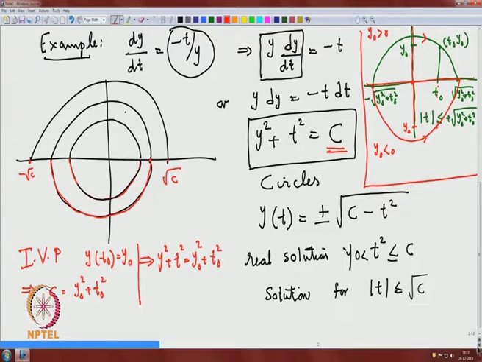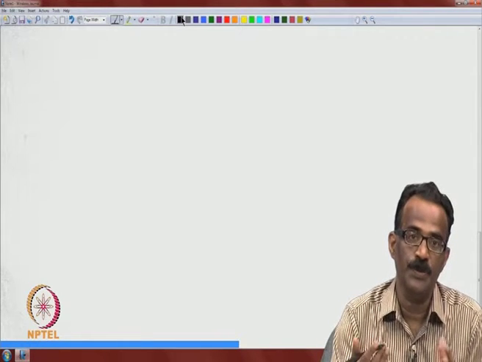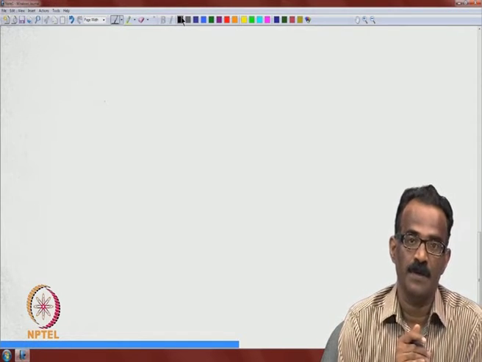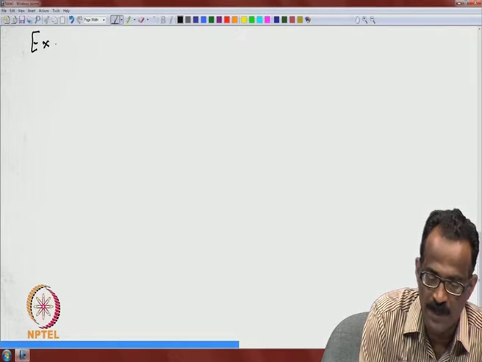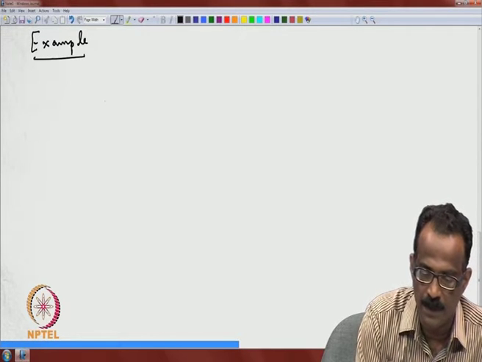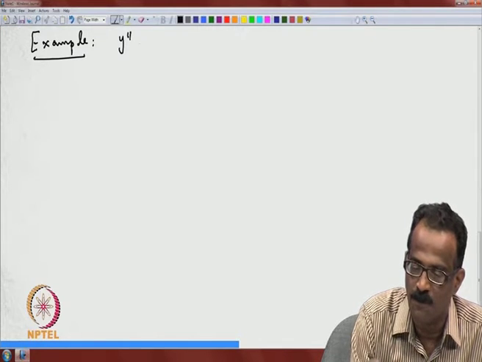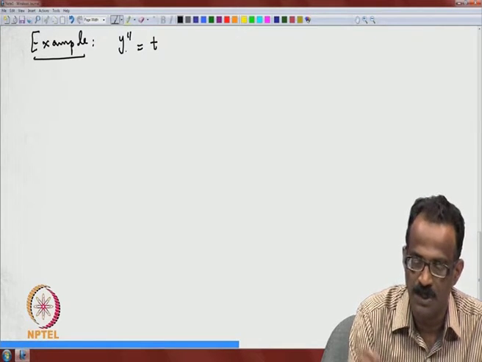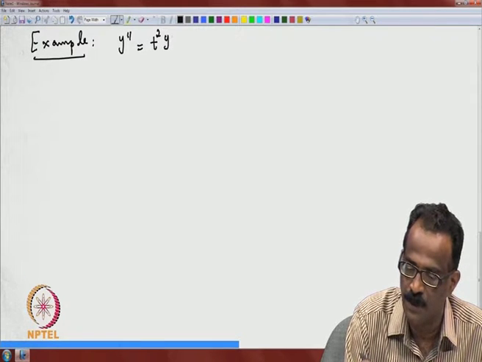You can also use these equations to solve, sometimes separable equations can be used to solve a second order equation. Let me present one more example without details, but a second order equation. We have not studied second order equations, but you do not need to know anything about them.